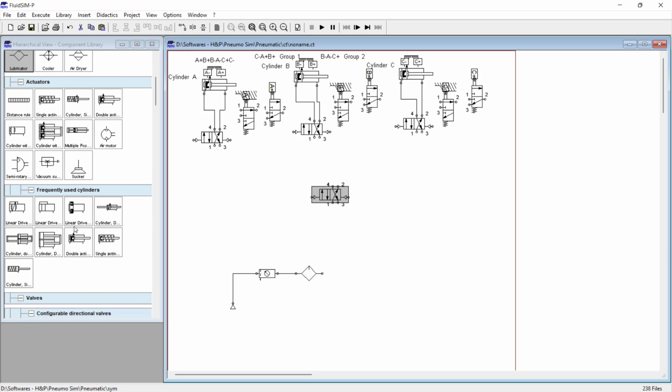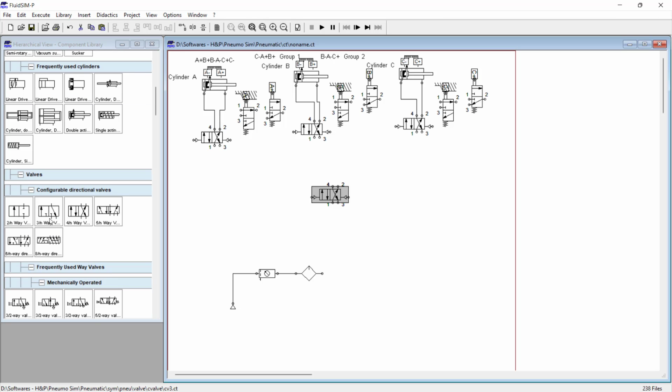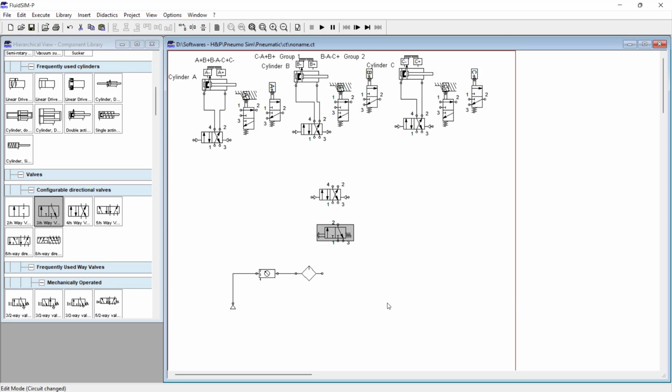And here include one 3x2 valve to push to start the sequence. That should be a 3x2 direction control valve, a push to start valve. Then a 4x2 direction control valve.